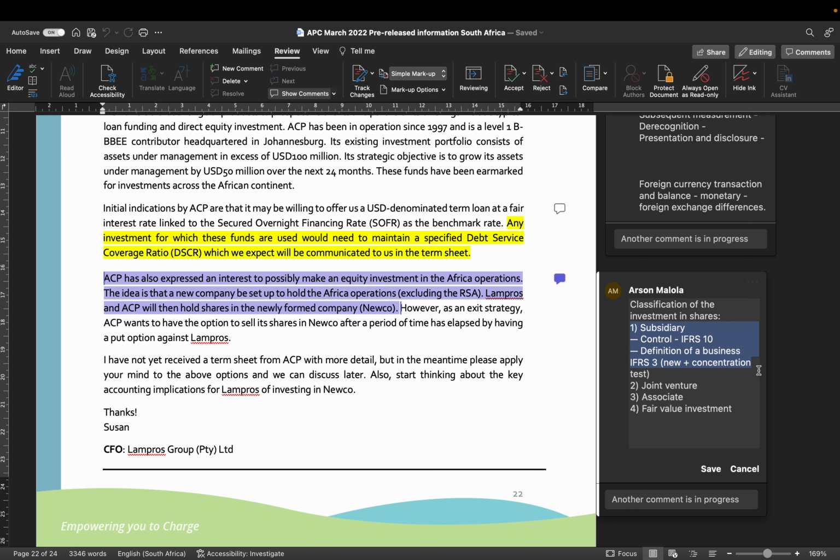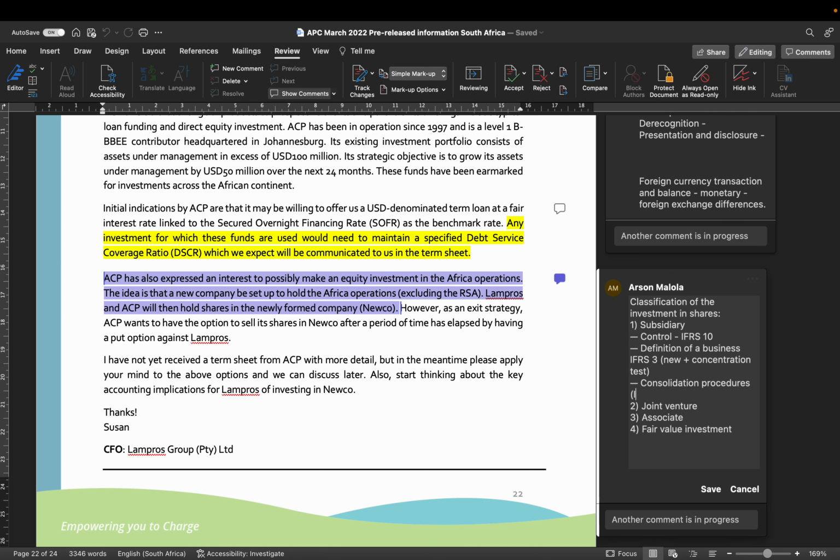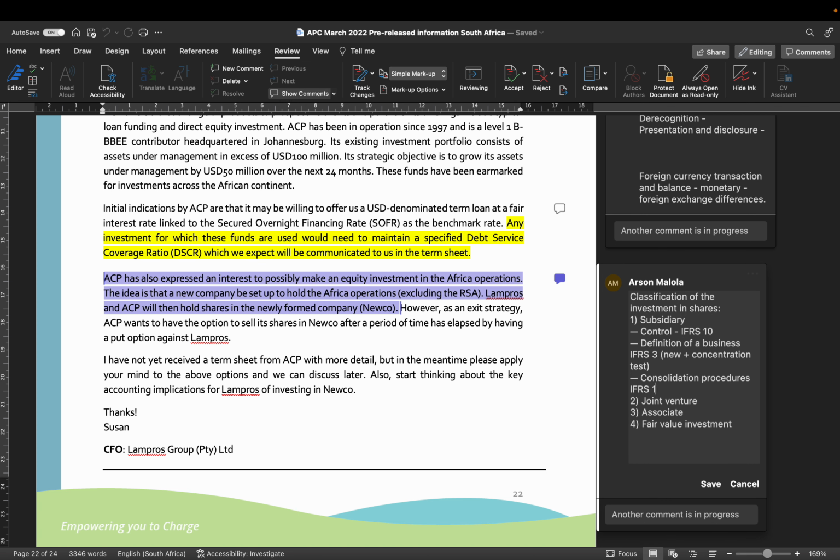And then, of course, going forward, IFRS 10 again in terms of consolidation procedures. Again, very high level, just revising the principles of performing a consolidation.